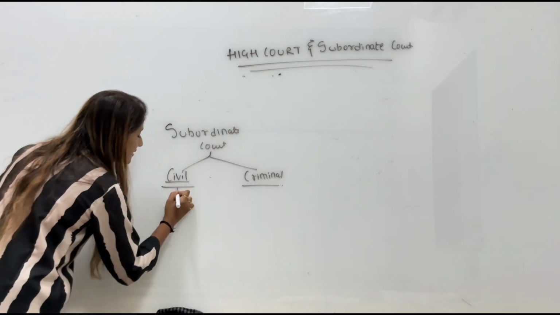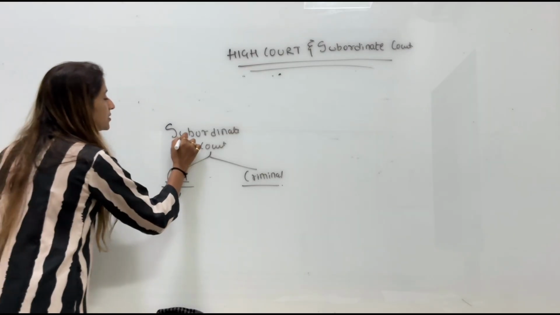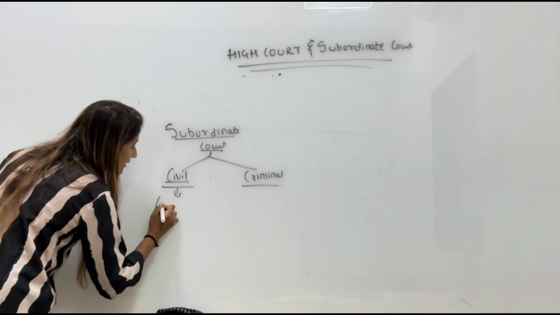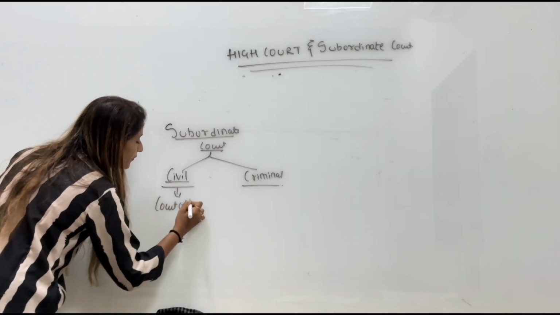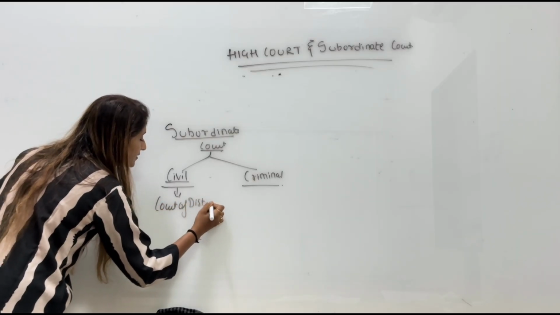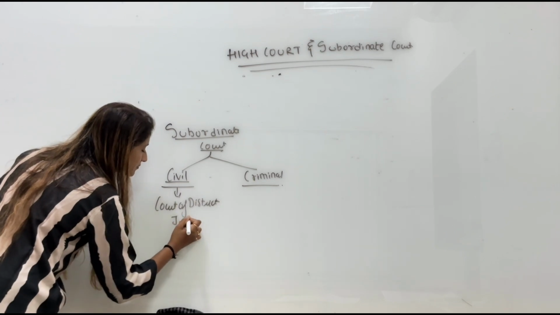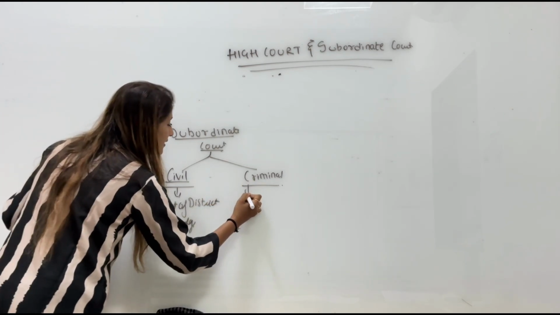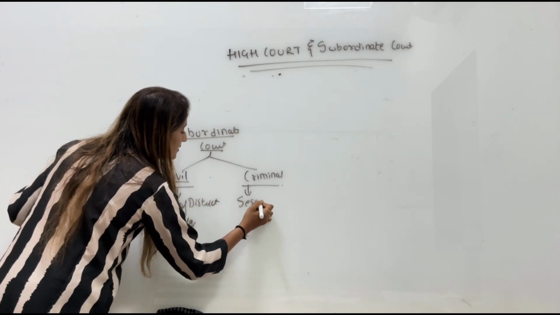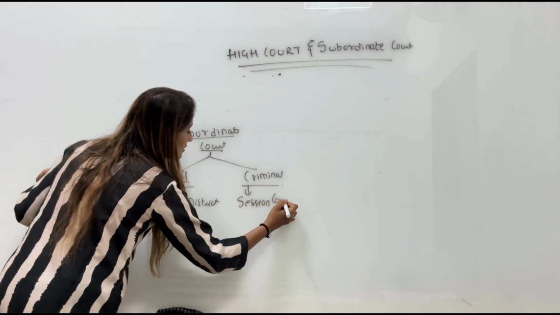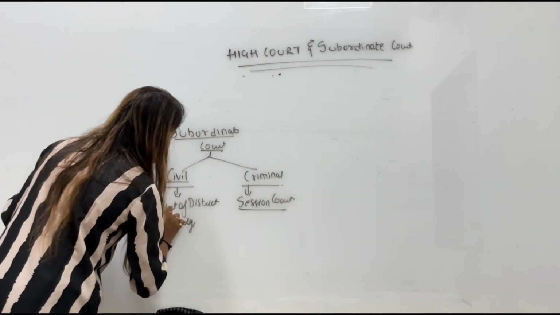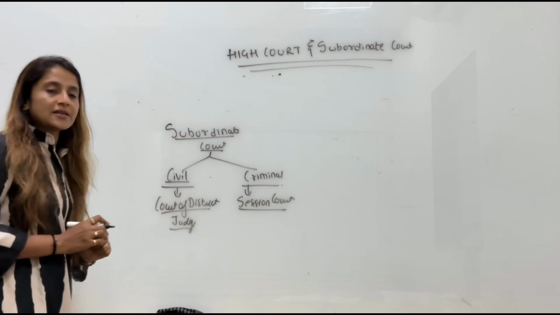For civil cases, the subordinate court is called the Court of District Judge. For criminal cases, it is called the Session Court.